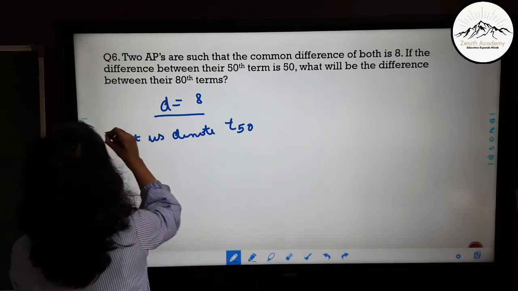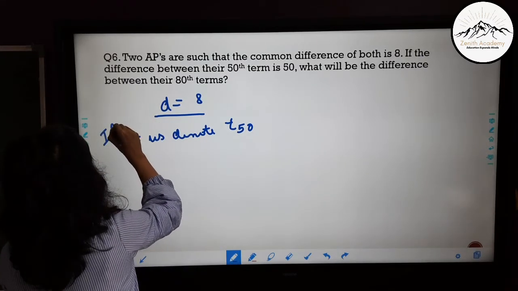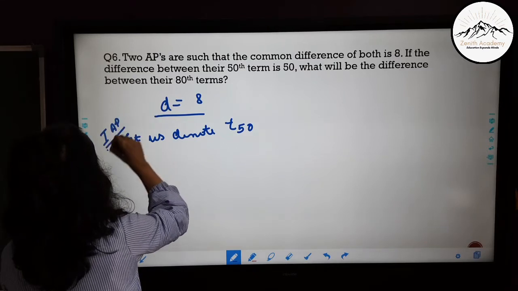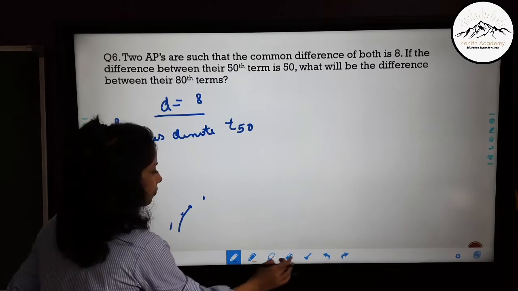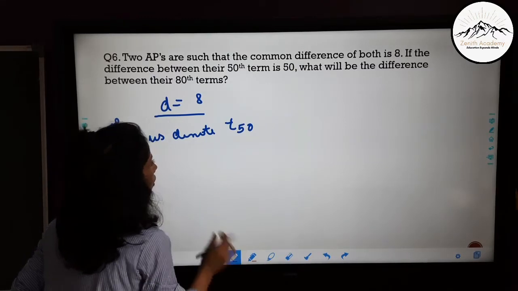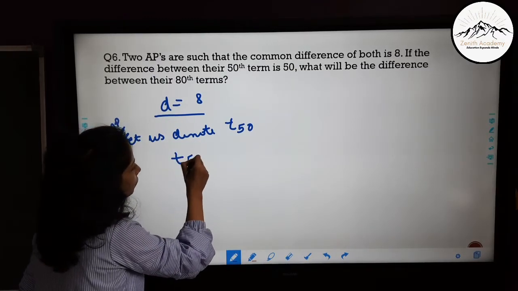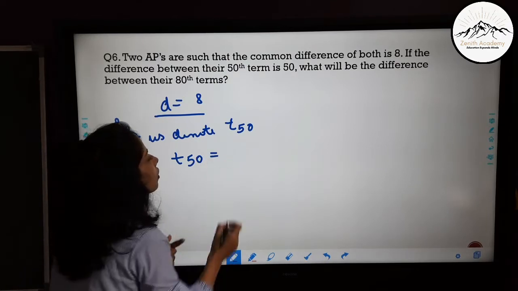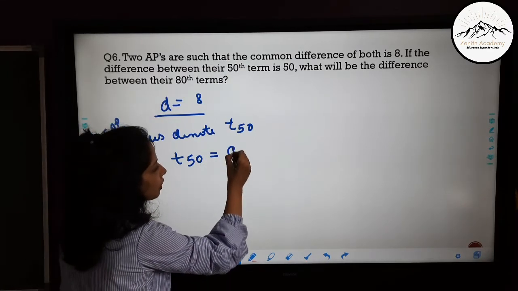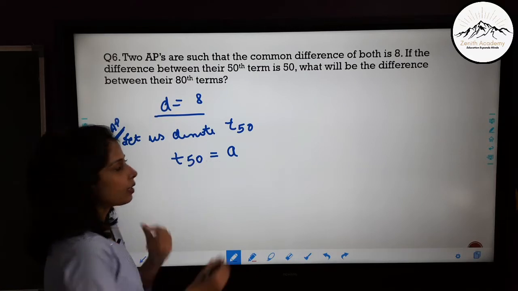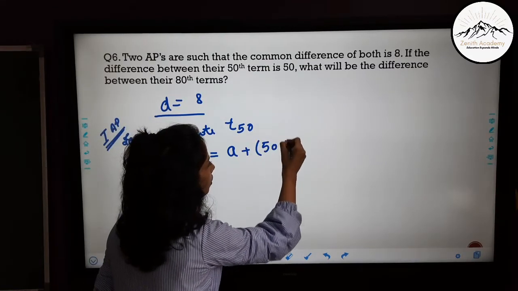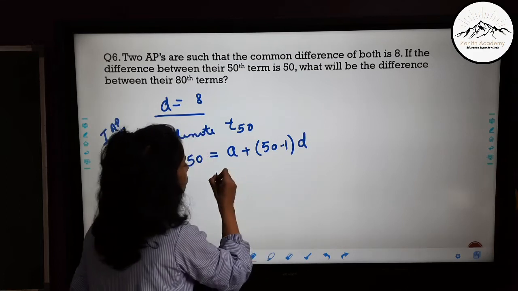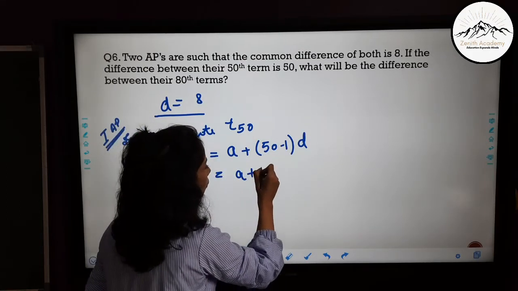So for the first AP, t50 is equal to, taking the first term as small a, a plus 50 minus 1 into D, which is equal to a plus 49D.